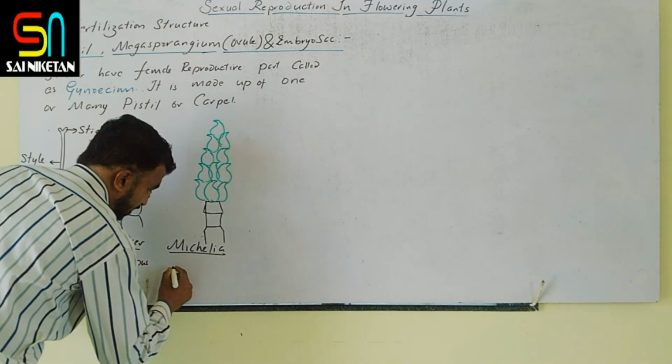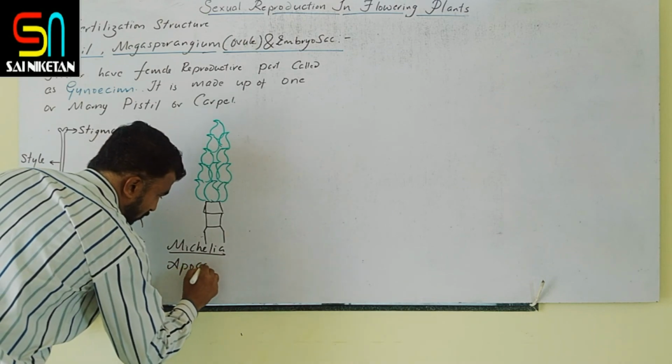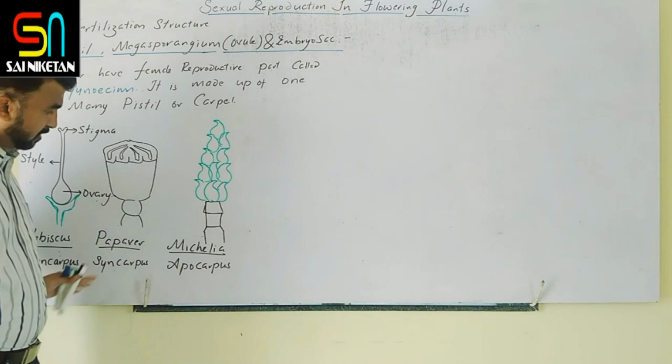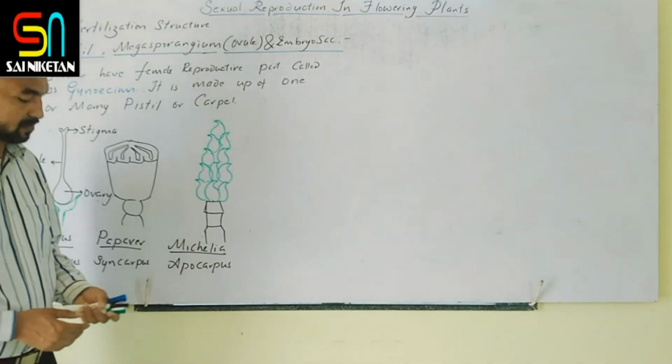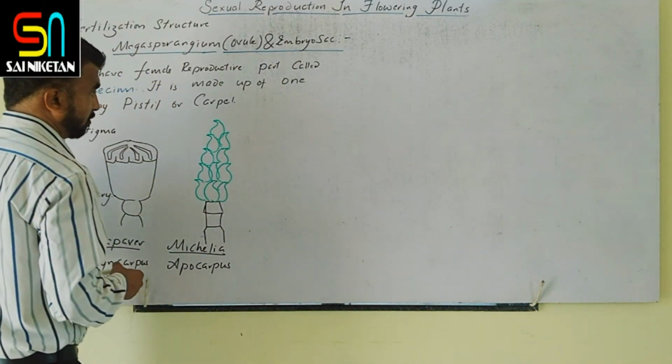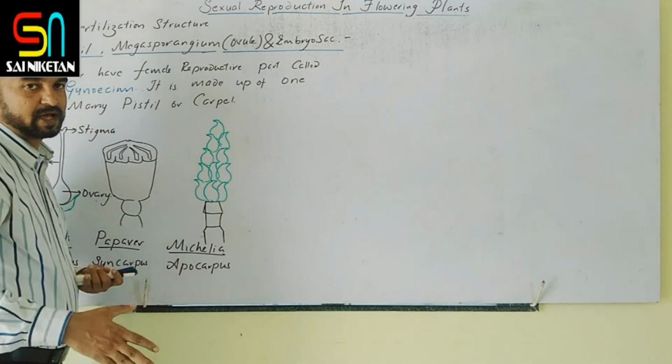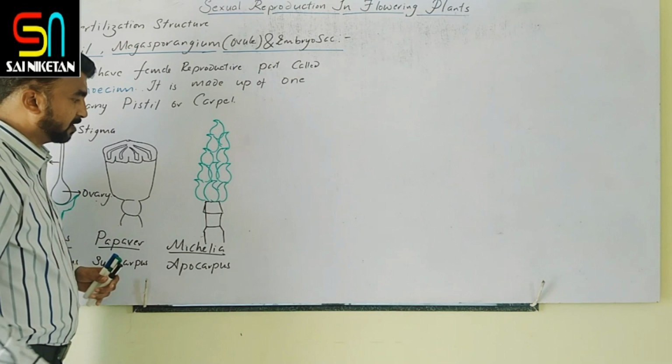So Michelia alba is apocarpous. So what is syncarpous, apocarpous, we are going to write here. Clear? So based on the number, monocarpellary, bicarpellary, tricarpellary or polycarpellary.